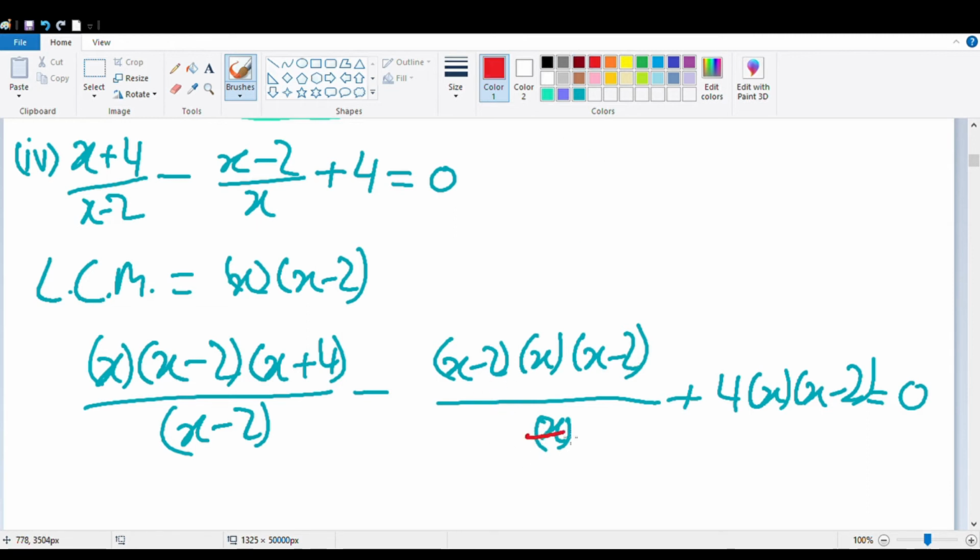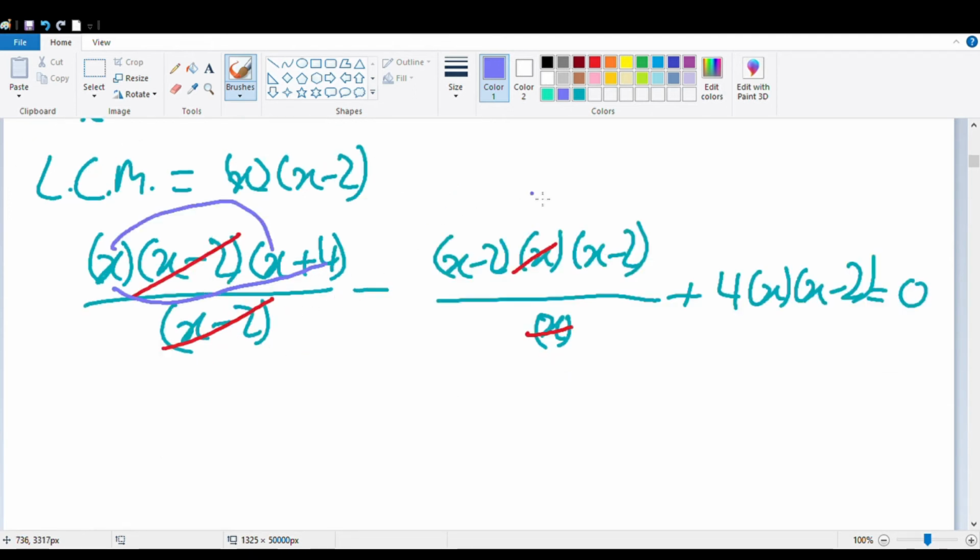So this x and this x cut out, this x minus 2 and this x minus 2 cut out, and so x into x is x squared, x into 4 is 4x, and here multiplying these two we get x minus 2 whole squared.